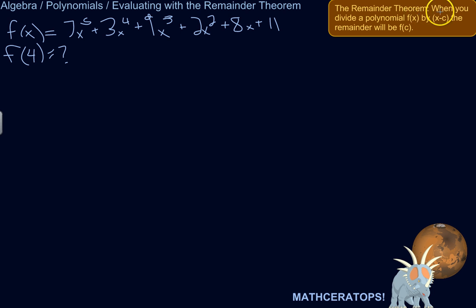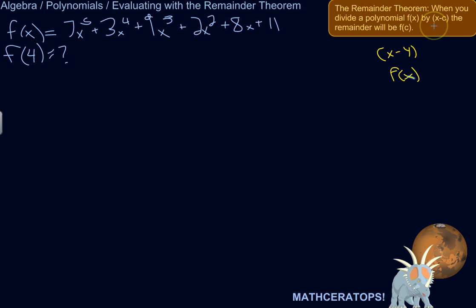But the remainder theorem says, okay, well, I want to find out the value of f of 4. Well, I could divide the polynomial by x minus 4, this linear factor, and the remainder after I do that division will be the value of f of 4.